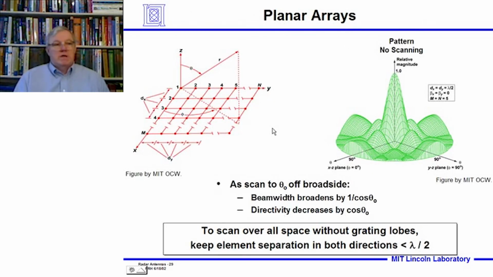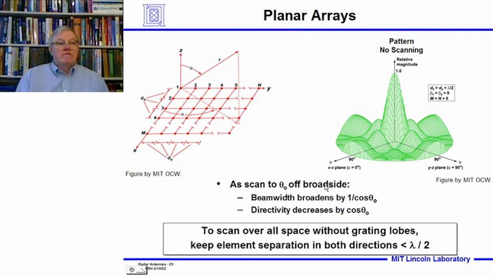Now, what do you do with planar arrays? Well, here we have it right here. With planar arrays, it's just adding another dimension. A planar array is just an array of linear arrays. And here is the pattern you get in 3 dimensions with spacing of lambda over 2 and with 5 elements.